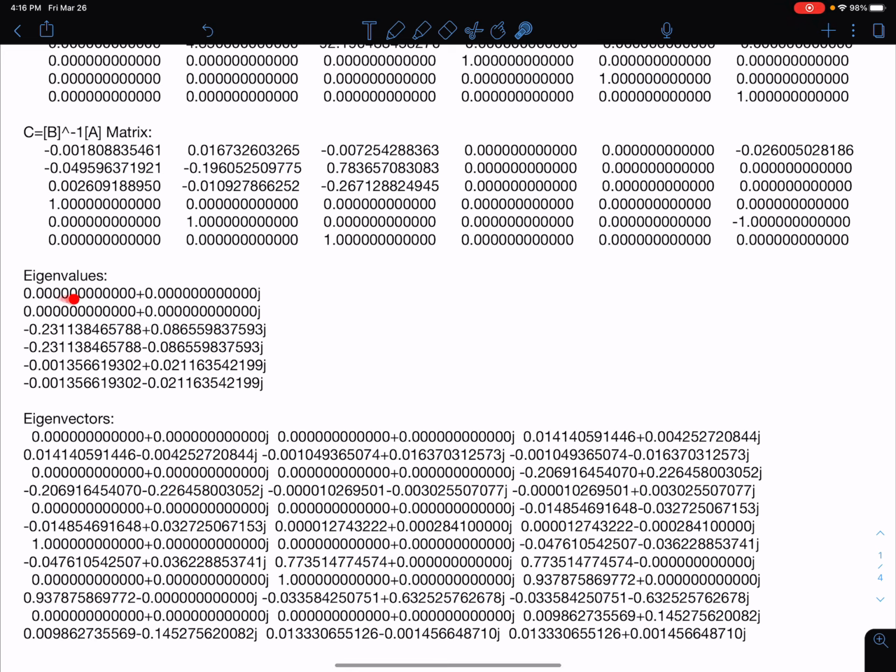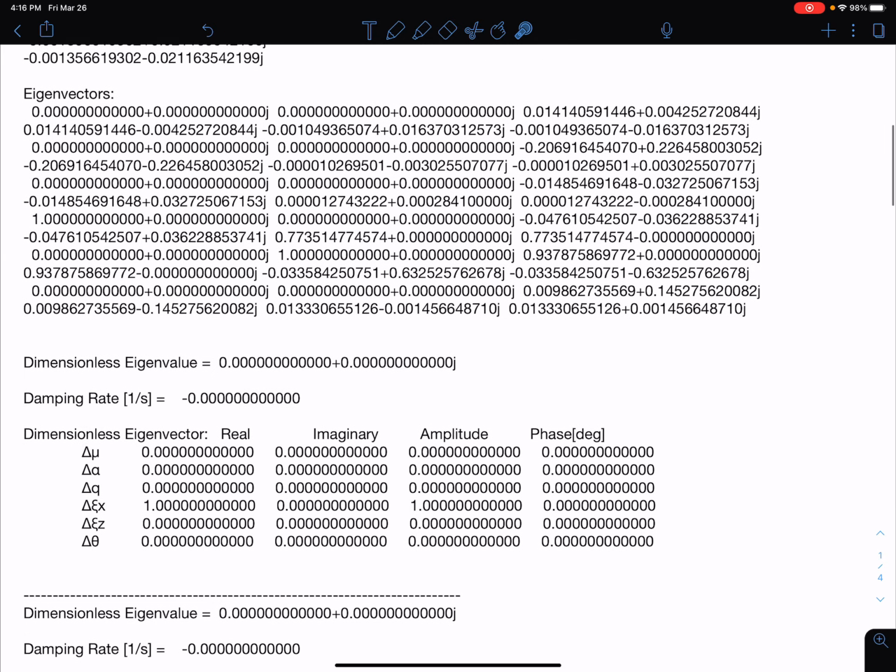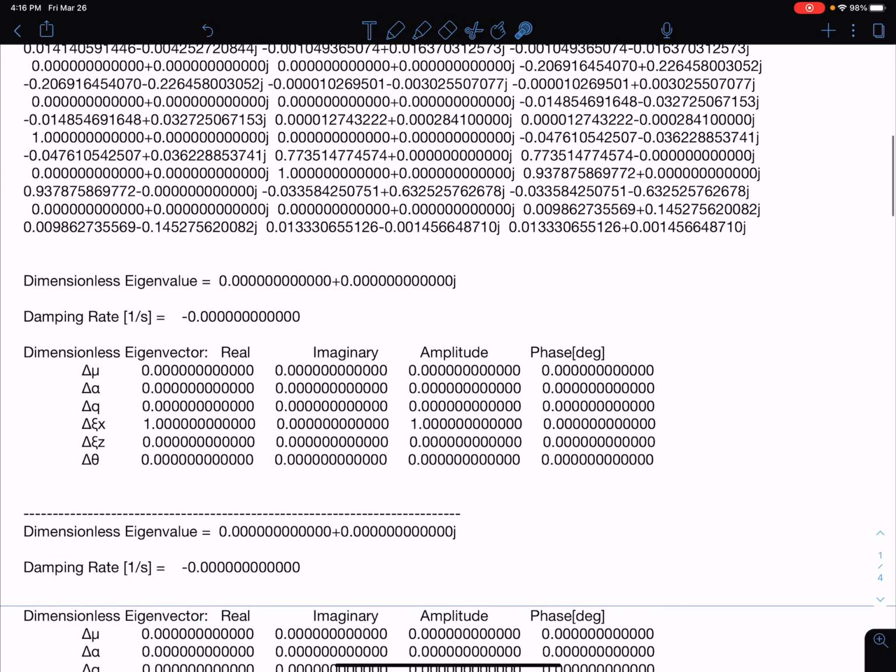For each of these eigenvalues up here, I have an eigenvector down here. I just spit this raw to the screen from this solver, but let's dig into each of these eigenvalues. I have my code parse out this information and tell me a little more about it.